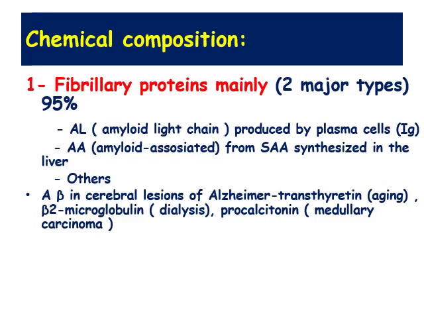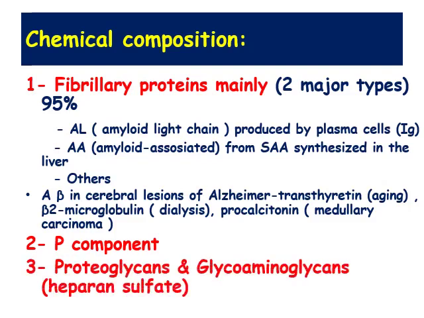Another protein that causes amyloidosis is called procalcitonin. This protein accumulates in cases of medullary carcinoma, causing amyloid in the thyroid especially. Another component is the P component, which circulates in plasma and aids in the formation and connection between parts of the amyloid protein.